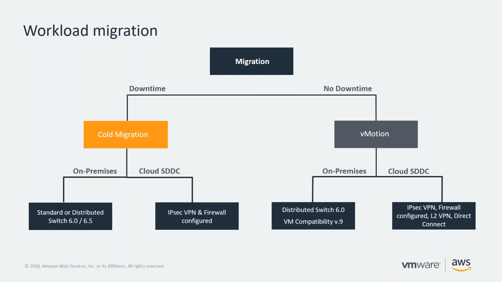Otherwise, if you tried to vMotion your workloads, the routing would not work once it came to the Cloud SDDC side, and you would then essentially remove all of the reasons for leveraging vMotion. The other thing that we have here is Direct Connect. So you can use Direct Connect with a public virtual interface VIF or a private VIF. And those are the requirements that we have for vMotion.